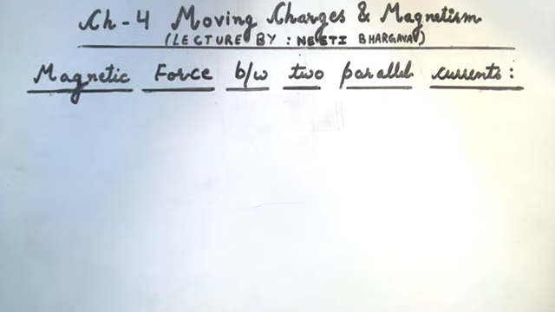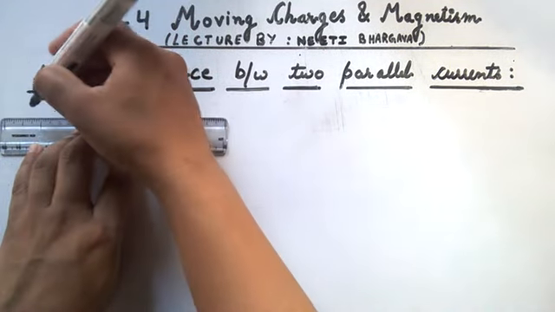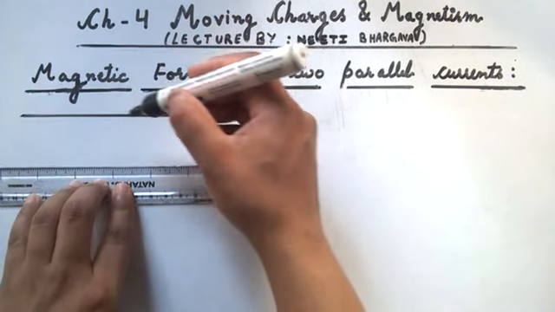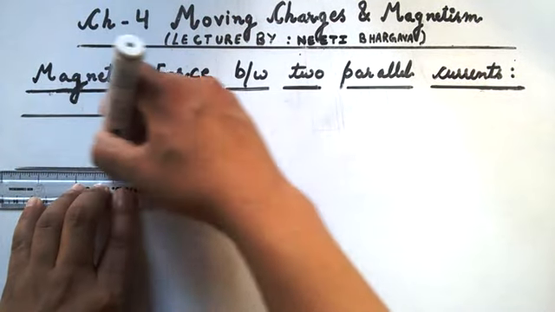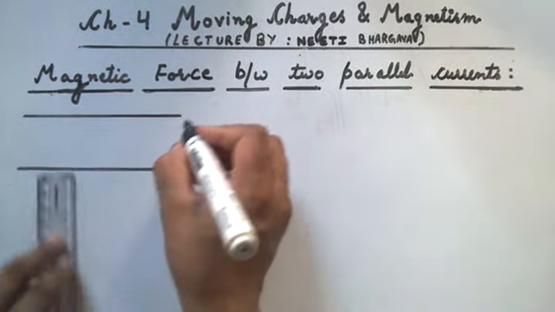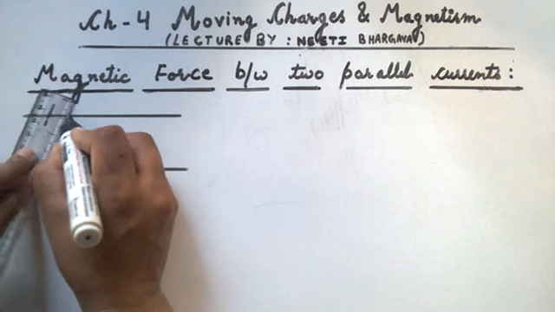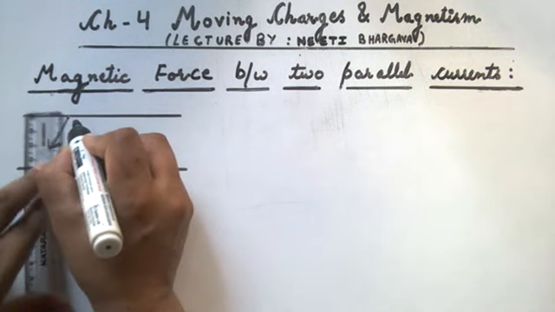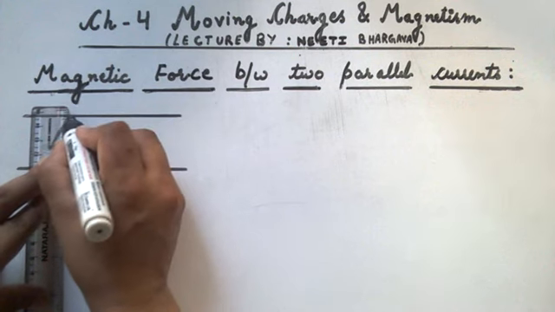Now, as we have studied, when the directions of current are the same, then the magnetic forces are attractive. Direction of magnetic field is towards positive z-axis.